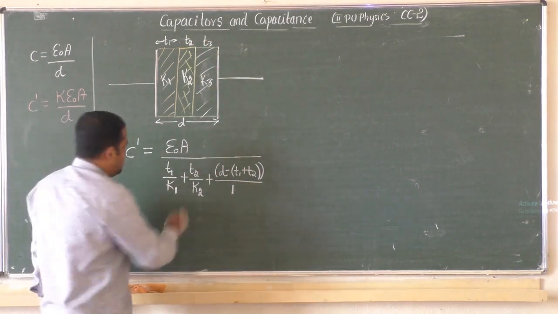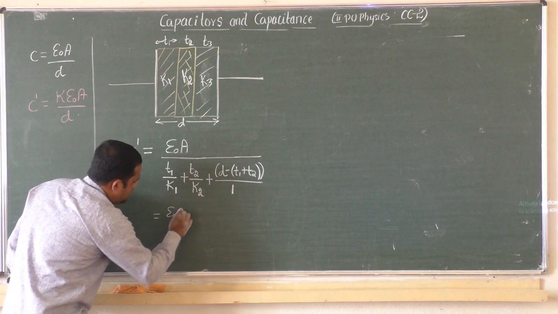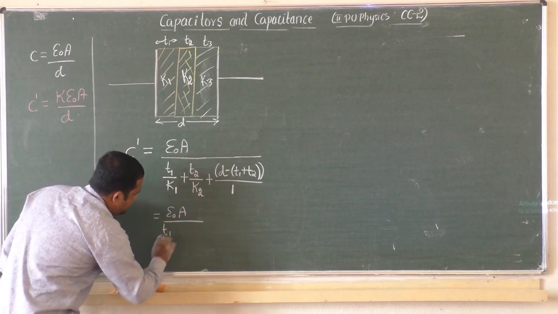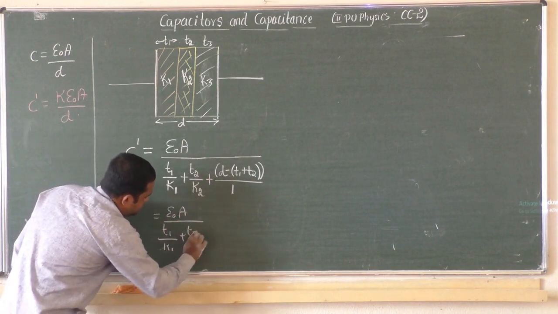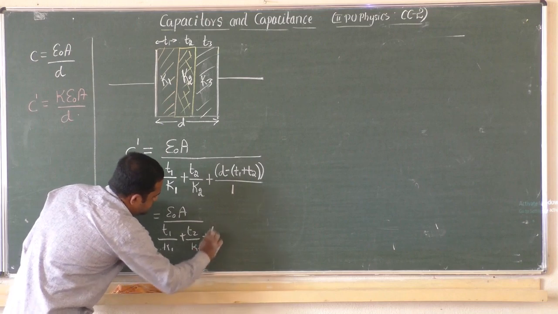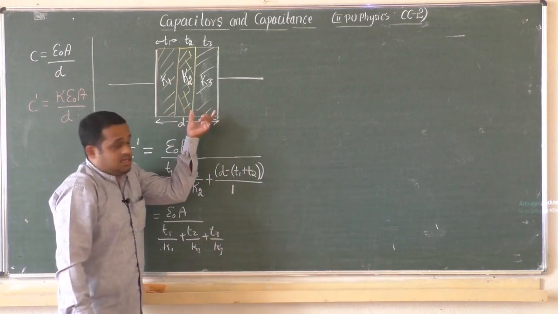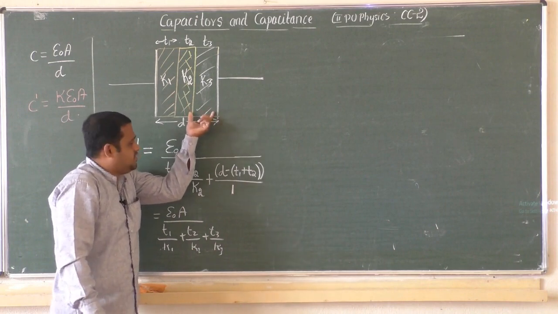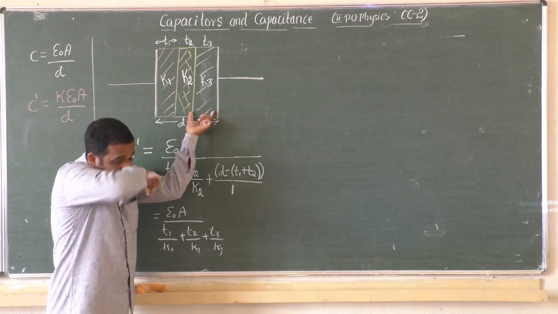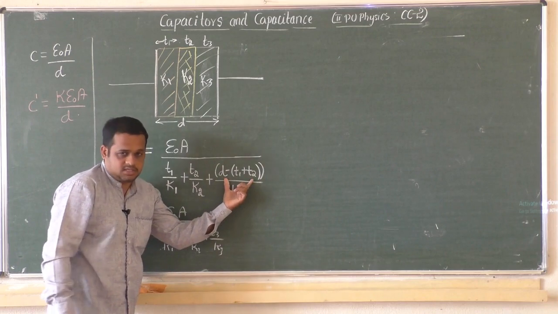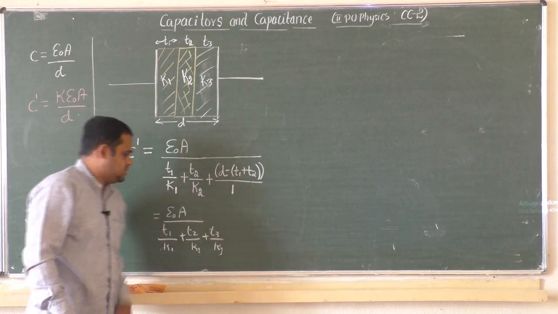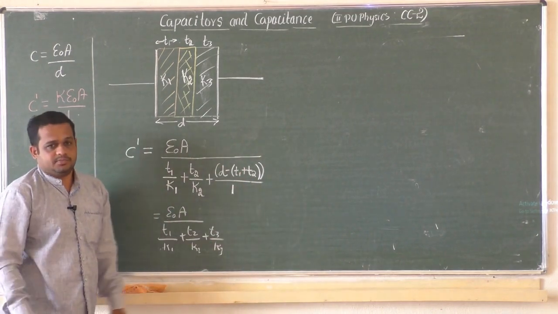No air, therefore this equation will be epsilon naught A divided by T1 by K1 plus T2 by K2 plus T3 by K3. If some region is filled with air, then only this term comes divided by one, otherwise this will be the condition.